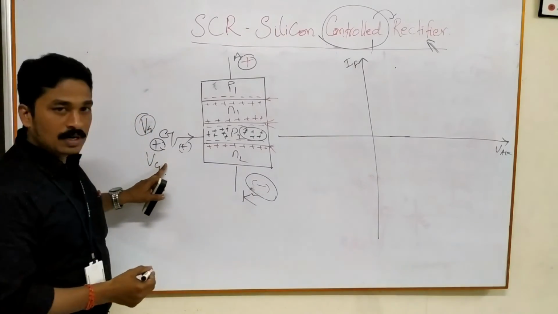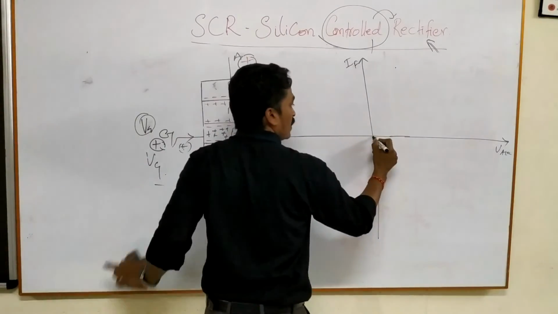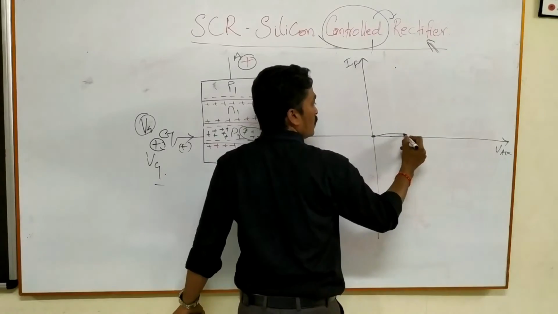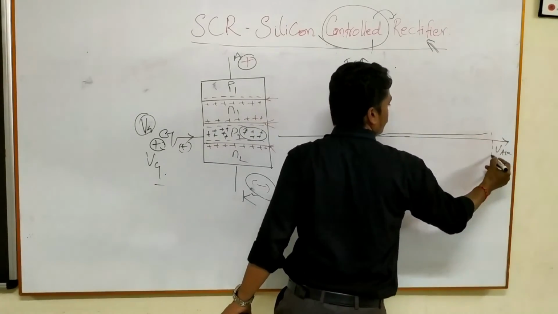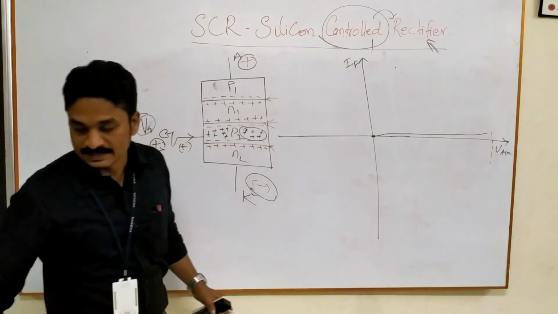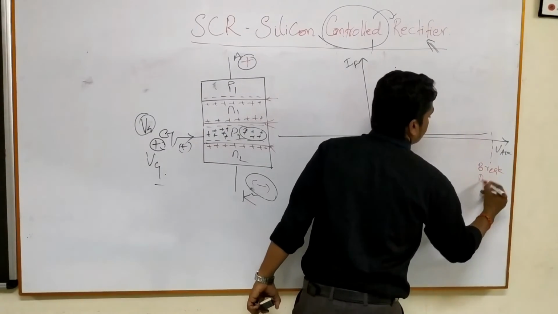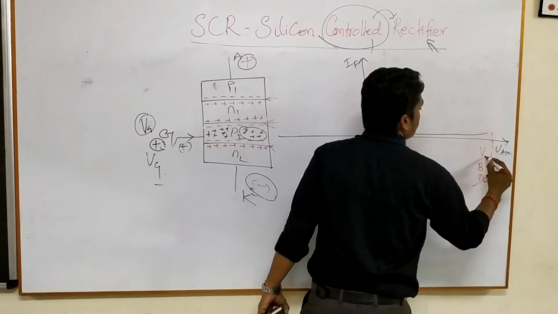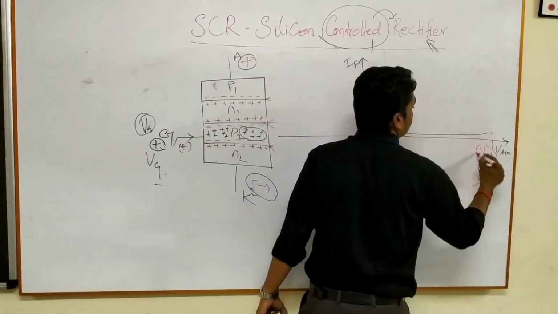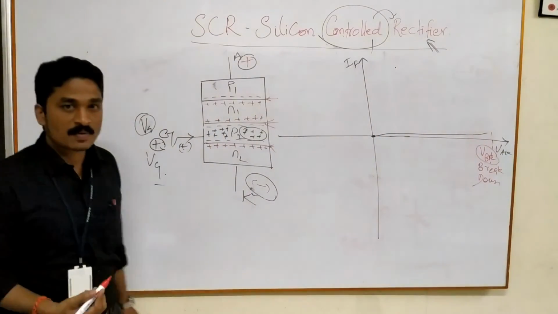Initially, when there is no gate voltage, it requires a large amount of VAK to break the junction. So this is the breakdown junction. Let us suppose this is VBR, the breakdown voltage, right?